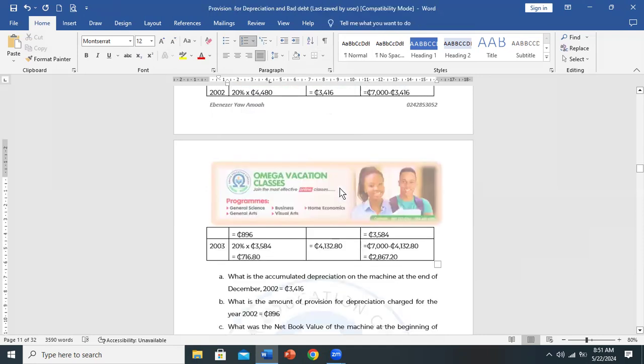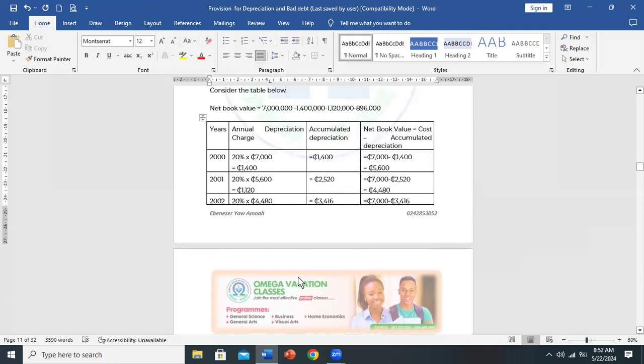So I believe we can answer the question on the first part, which is A. So the accumulated depreciation at the end of December 2002, I think that is 3,416,000. Okay.